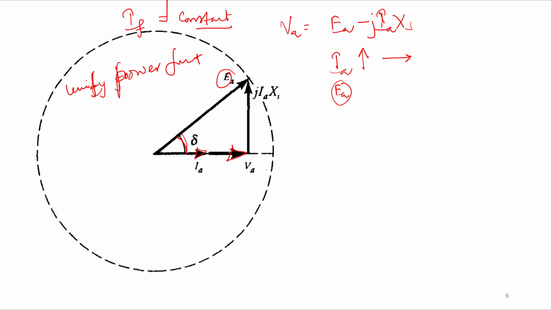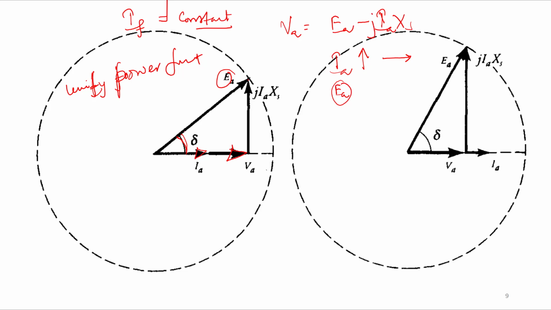So it is sometimes known as the rotor angle and also the power angle, right? In the next figure, the delta is increased with the increase in the current. We have increased the load current up to this point. Now your VA is decreased and your delta is increased, right? But EA remains constant because it depends upon the field current.